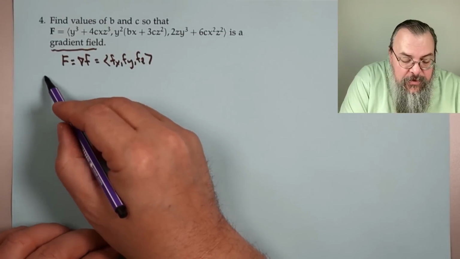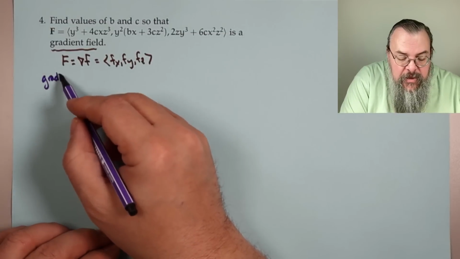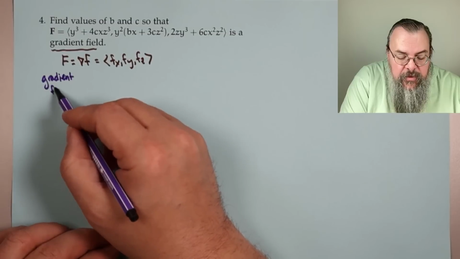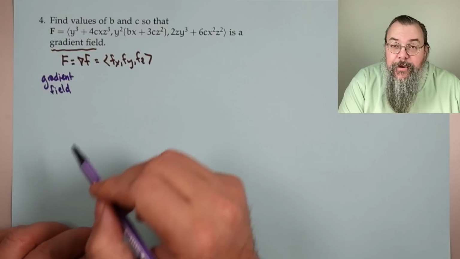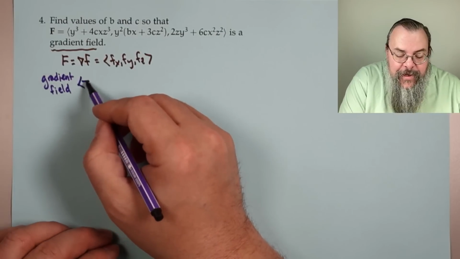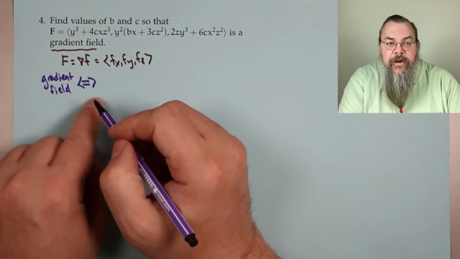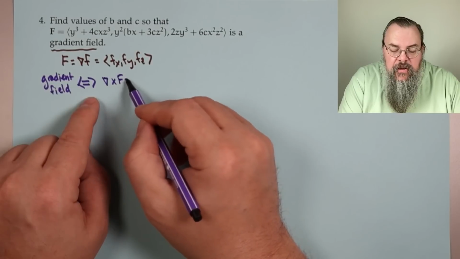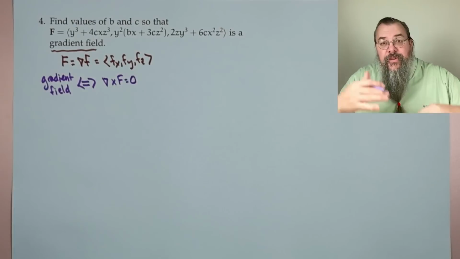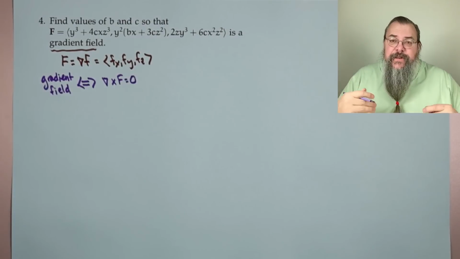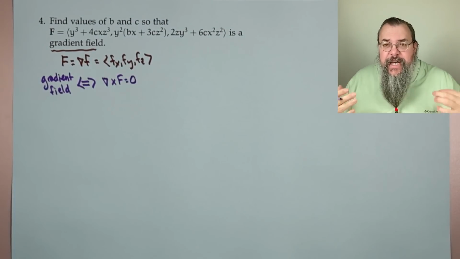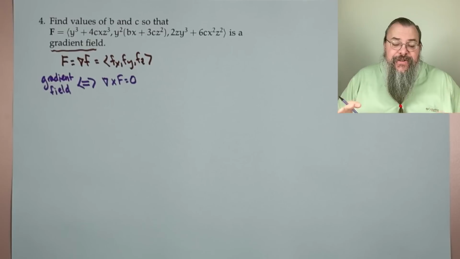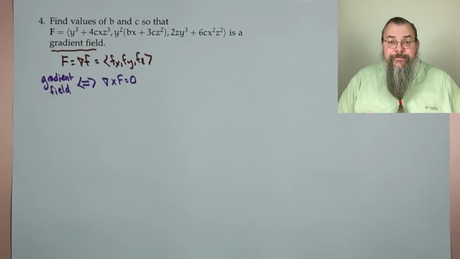Your vector field is a gradient field, and, sorry, this is a dramatic pause here. You're like, whoa, what's he going to say? If and only if, so that's what these arrows mean, the curl is equal to 0. Essentially there's a collection of partial derivatives which have to match. It all boils down to the curl being 0.